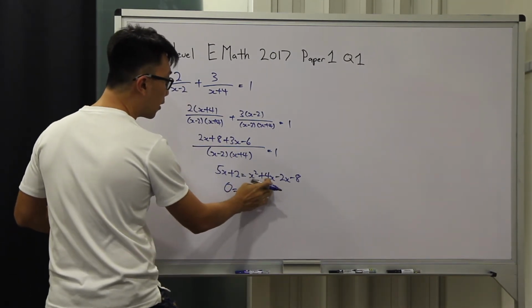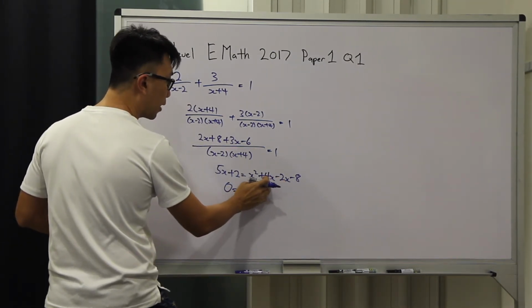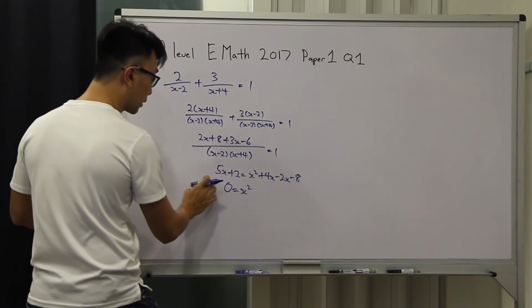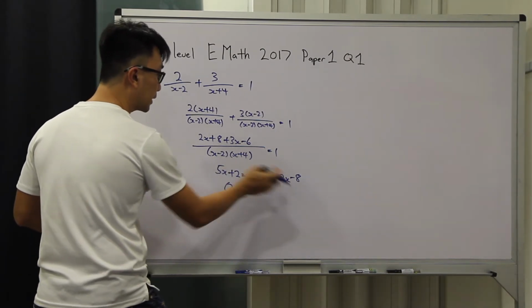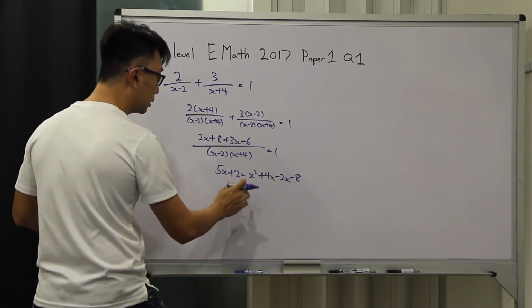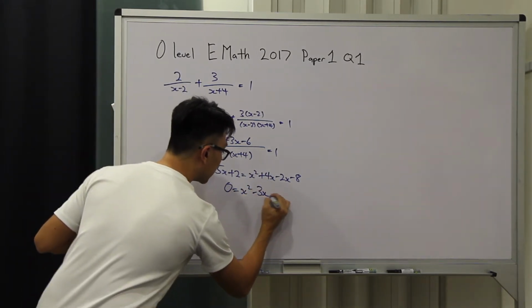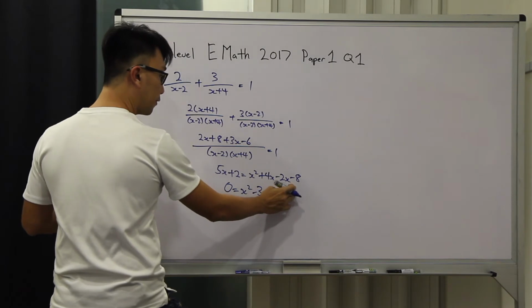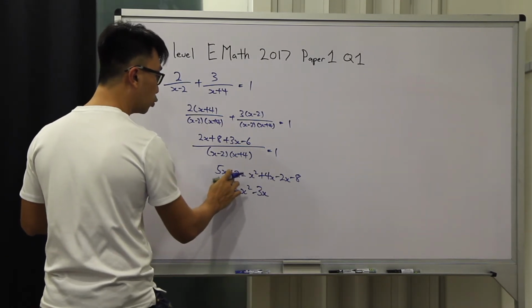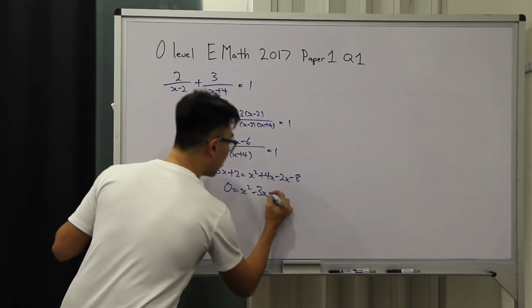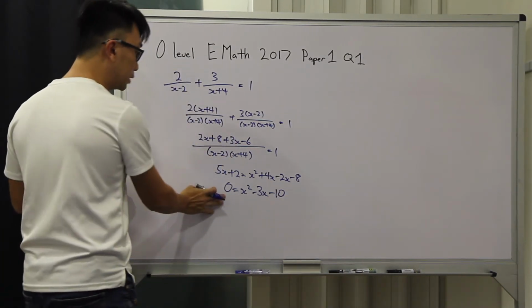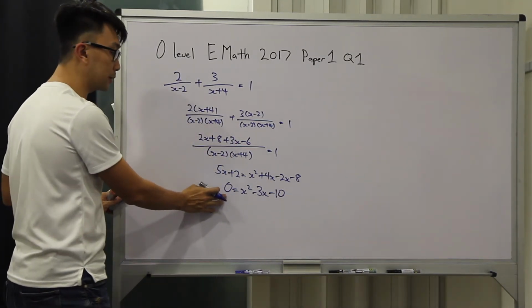We have a 4x minus 2x here. After we bring the 5x over, that will be 2x minus 5x. So we have a minus 3x. Here we have a minus 8. We bring the 2 over, will be minus 2. So there will be a minus 10. So this will be the quadratic equation that we'll be trying to solve.